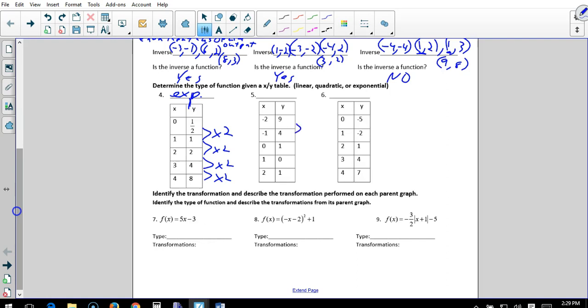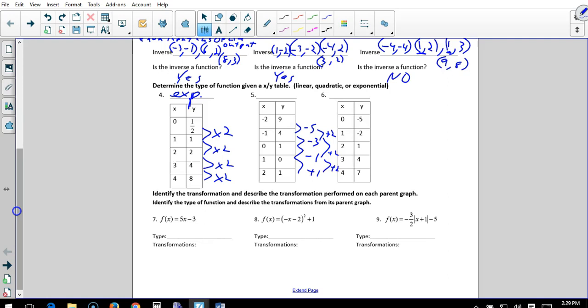9 to 4, -5, -3, -1, +1. Sorry, +2, and then +2 again, and then +2 again.